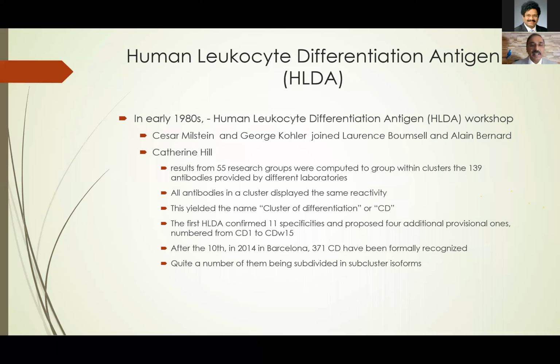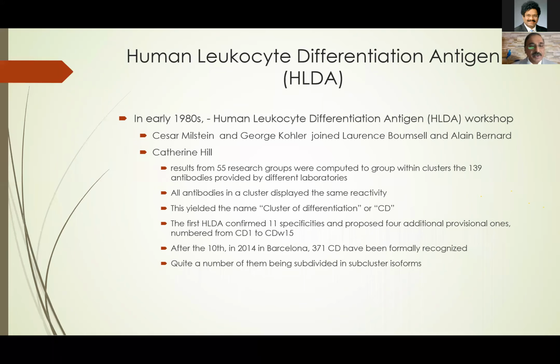Then in the 80s, they got together for the human leukocyte differentiation antigens. Cytokines, molecules and the immunoglobulin superfamilies were getting out of hand, so they wanted to find a rationale for it. They gathered all the antibodies and markers available, about 55 research groups, with 139 antibodies provided by these different groups.